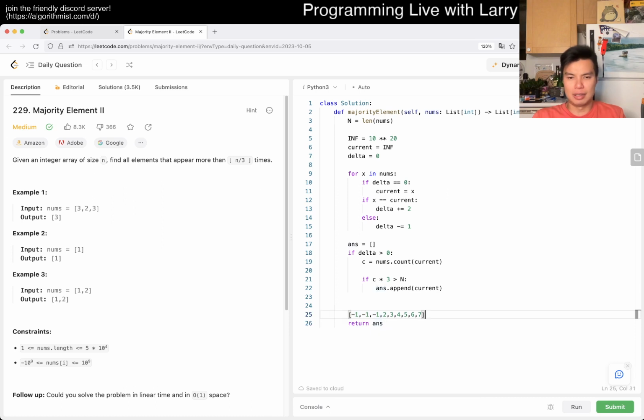What's going on? I don't know that it's as easy as a binary search. Maybe I just don't know this one. I mean, this is a very weird thing.